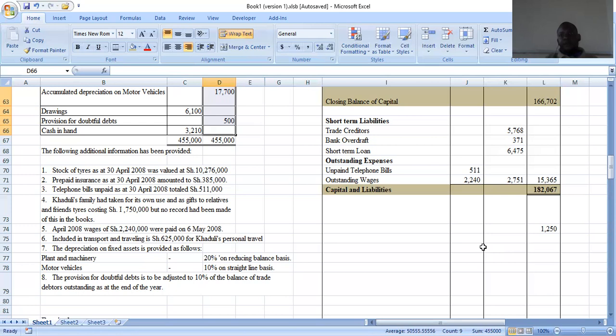Outstanding expenses are current liabilities. I remember giving an example of we haven't paid our employees, yet they have worked for us. You know that is an outstanding expense. So we owe them, so that's a current liability to the business.